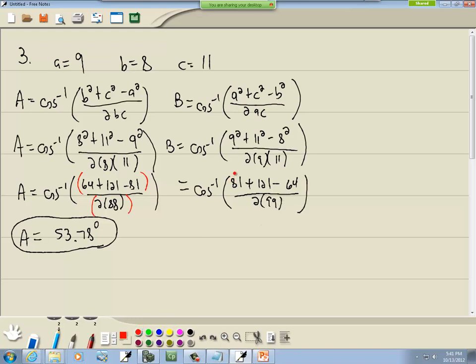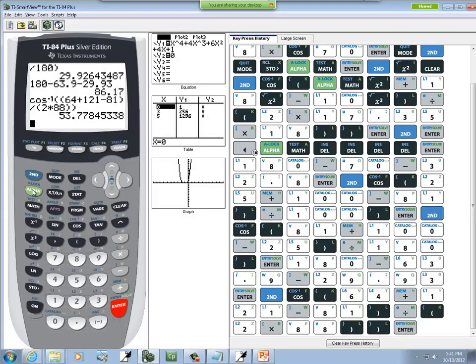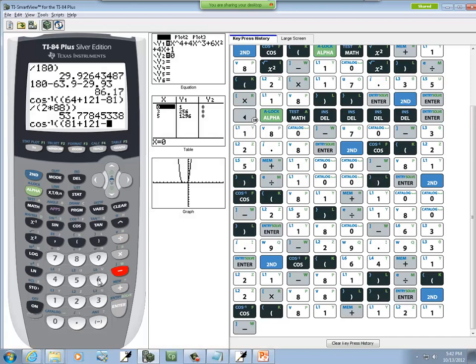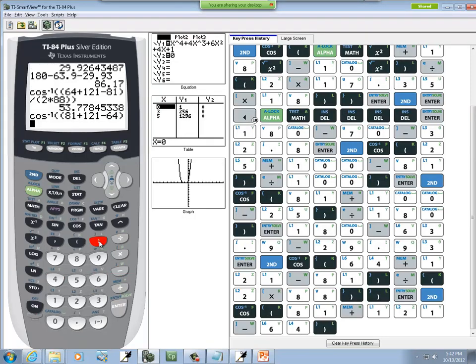Again, key is put parentheses on top, parentheses on the bottom. Okay, so inverse cosine, beginning parentheses on top, 81 plus 121 minus 64, closing parentheses on top, divided by, beginning parentheses on the bottom, 2 times 99.